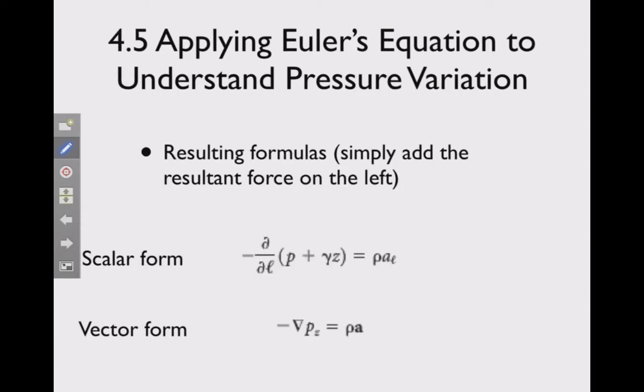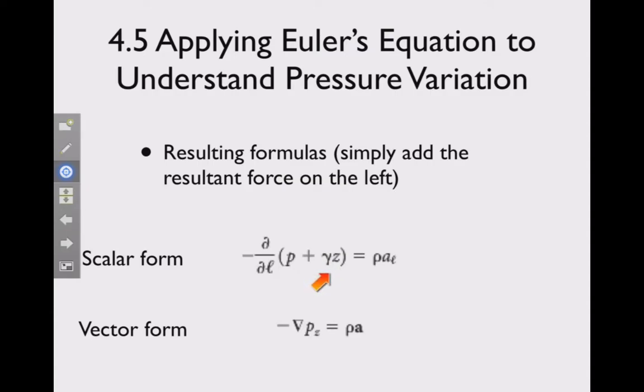And what that results in is something that looks very similar to the piezometric equation that we had before, but this term now on the right-hand side is not zero. Remember, when we had zero here, this led us to the fact that piezometric pressure in a given fluid of a given gamma was conserved.